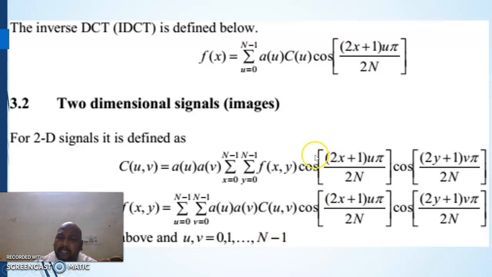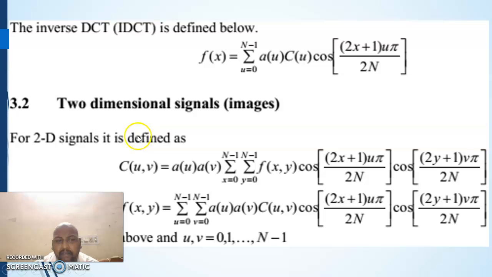The basis function is also expanded with two variables, u and v, and the constants are also expanded, A of u and A of v.